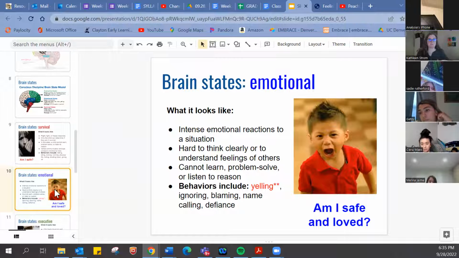So if a child's having an intense emotional situation, are they going to be able to really listen to you if you say, hey, you need to calm down, or you need to see if your friend is okay because you just yelled at your friend and I think your friend is sad? So do you think those kinds of things are going to be effective when a child is in an intense emotional state?